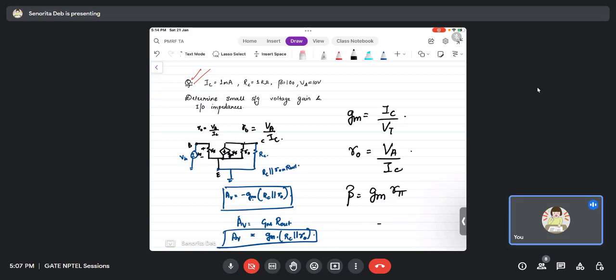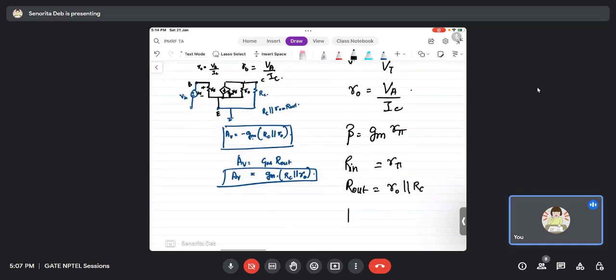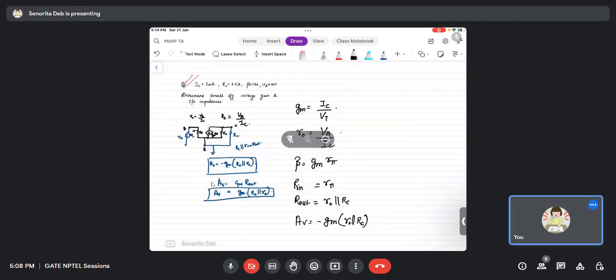So Rin will be r pi. R out will be r0 parallel with RC, we just saw. And then Av will be minus of gm into r0 parallel RC. You got it? Just don't look into it and mug it up. Just see from how I have written the sequence. Please find the answers.